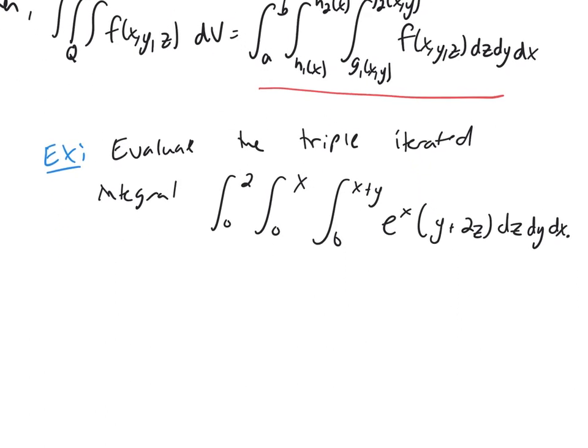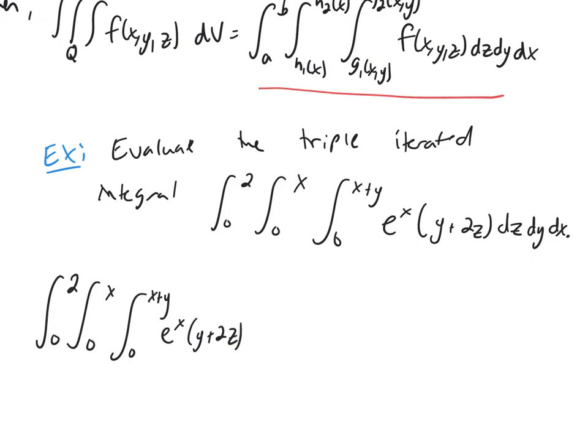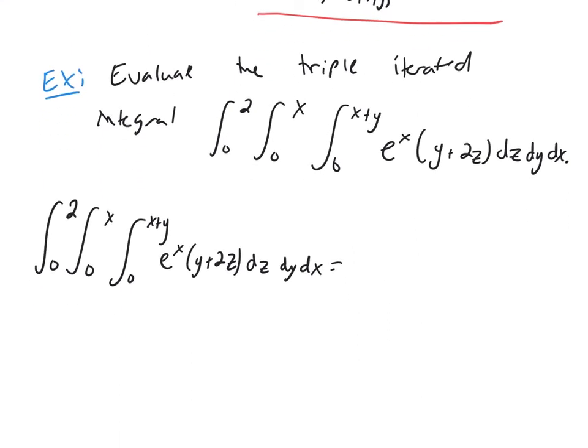All right, so let's start off our integral here. 0 to 2, 0 to x, 0 to x plus y. And it's dz, dy, dx. So we're going to start by integrating with respect to z.